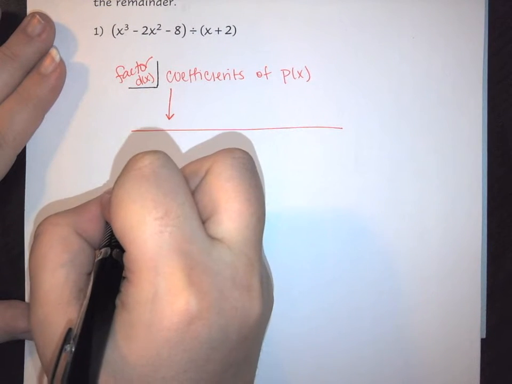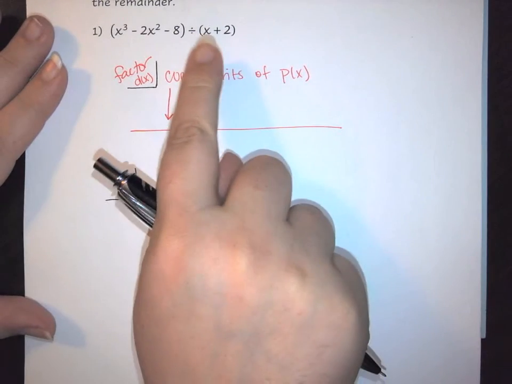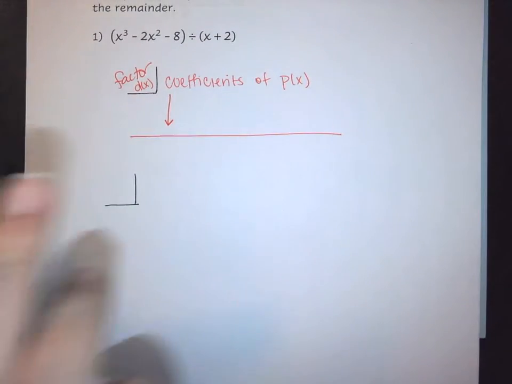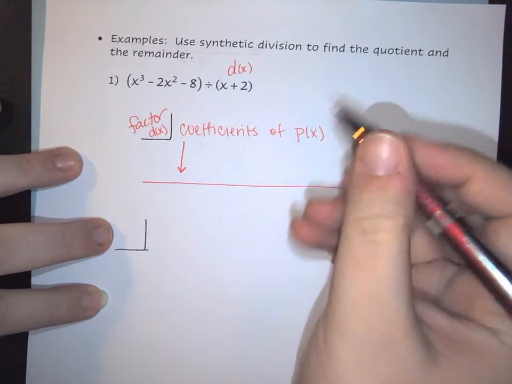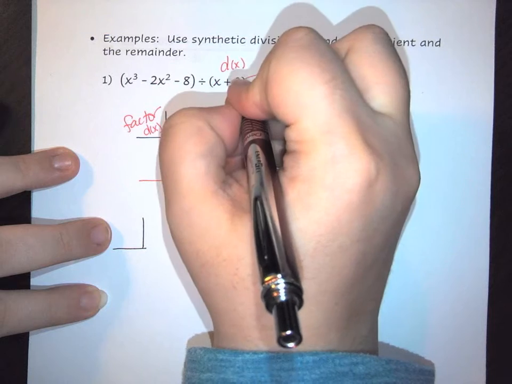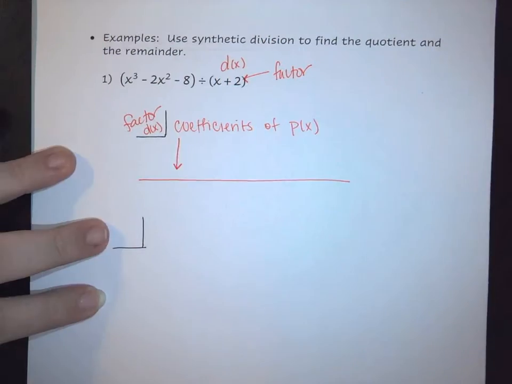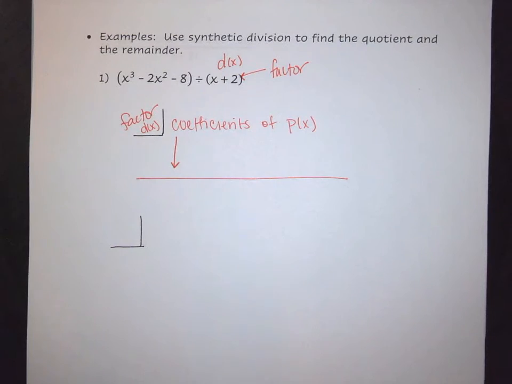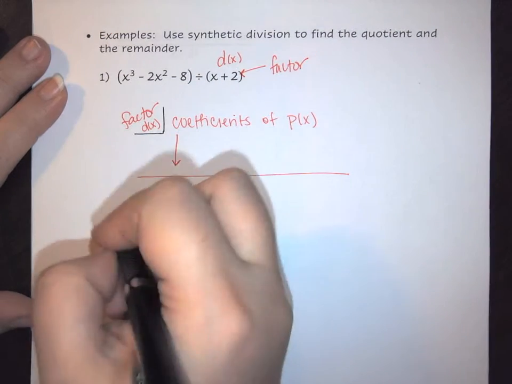So I'm going to go ahead and draw myself my box. Now, this piece here is my d of x, whereas this part right here would be the factor number. So here, x plus 2 means my factor is a negative 2.